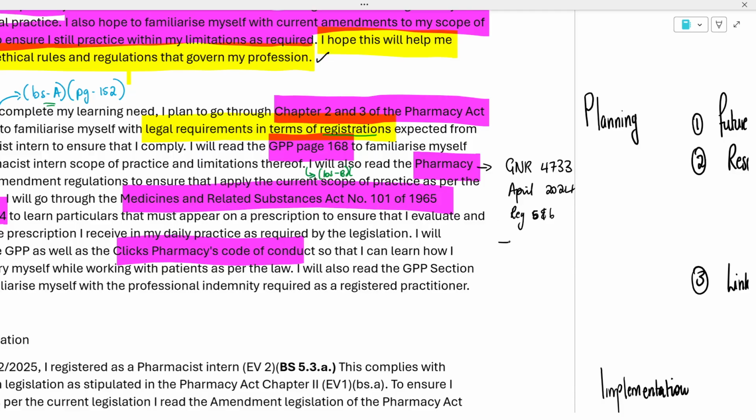I would also suggest that you look at regulation 13. Regulation 13 is what the scope of practice of an intern is now similar to. It is similar to a pharmacist technician.